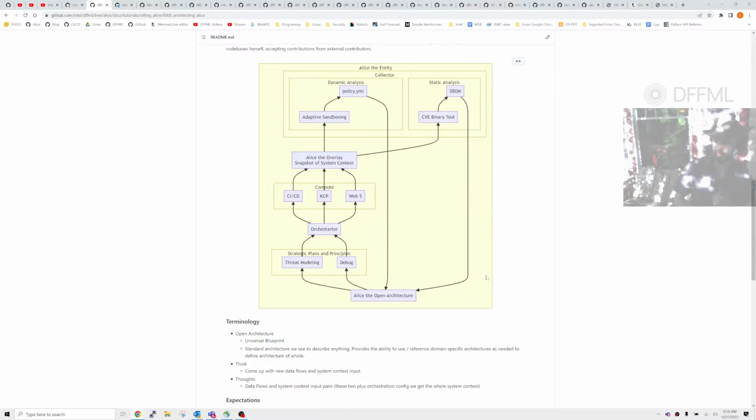Then we're also looking at some work going on with the CVE Bin Tool, and they have this triage mechanism. So we're expanding that triage mechanism out into a generic policy mechanism. There's also some stuff in the thread about dynamic analysis and adaptive sandboxing.